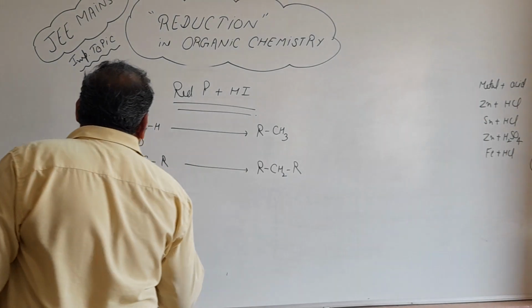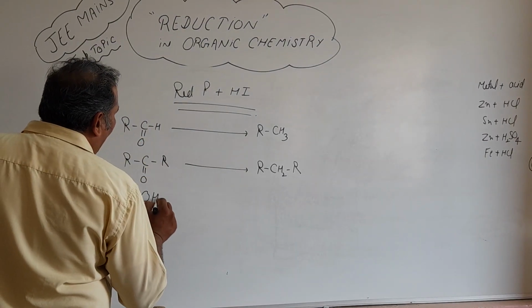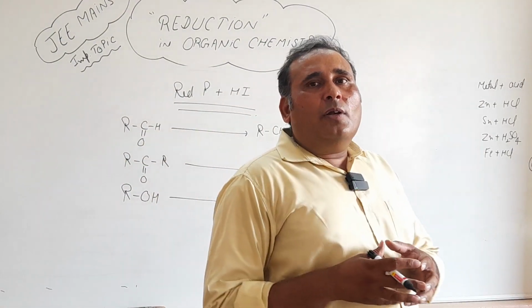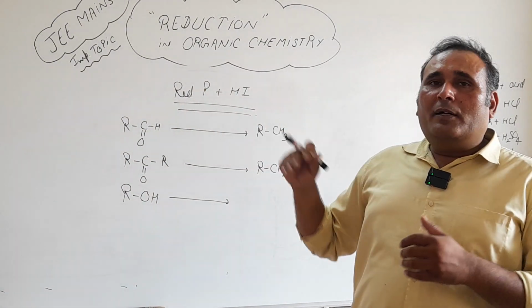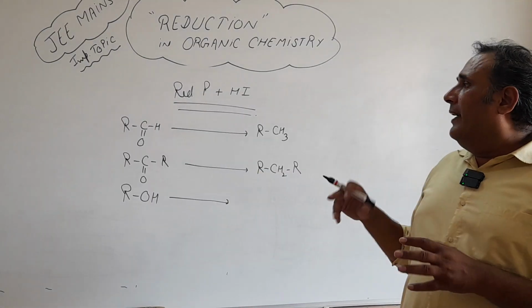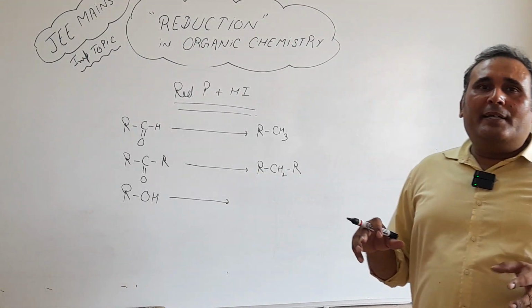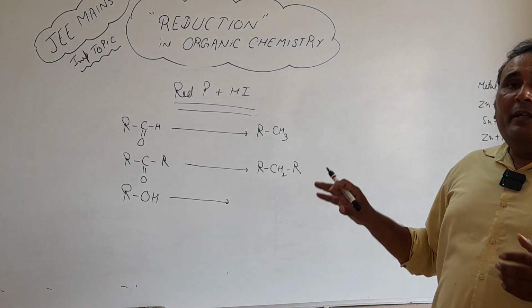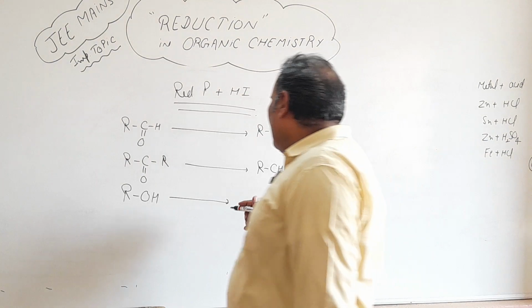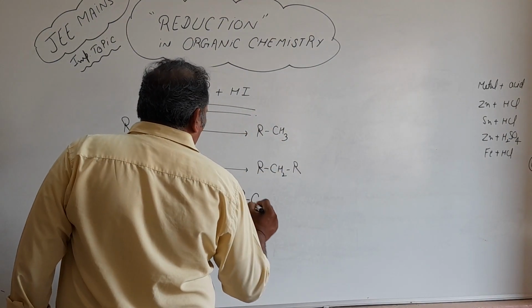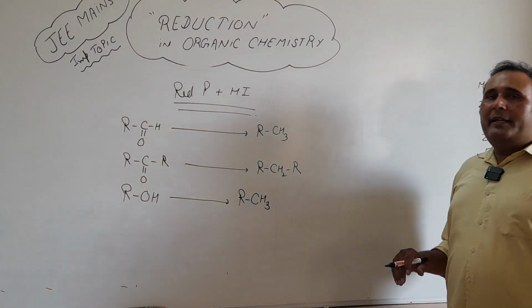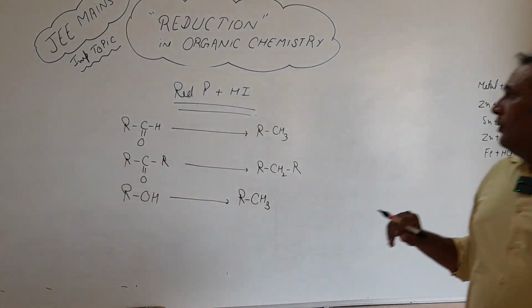If we are using alcohol, it is very important. Alcohols are not reduced by the reducing agents we discussed earlier, like H2/Ni, LiAlH4, NaBH4. Alcohols can be reduced by red phosphorus plus HI into alkane. So it is very important.